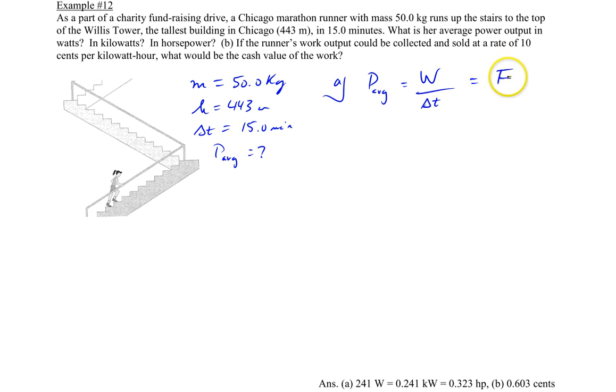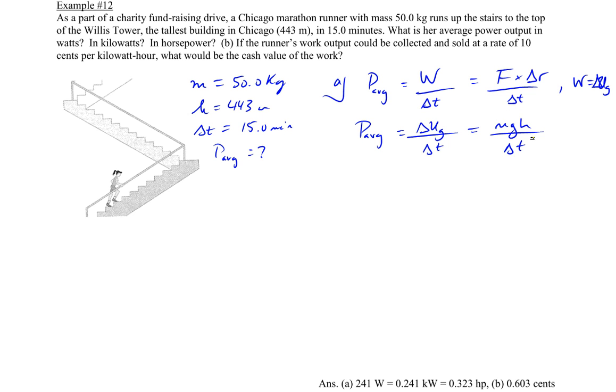So you could use force multiplied by displacement, multiplied by the cosine of the angle between the force and the displacement, which would be 0 degrees, and divide by time. But I think maybe a better way to do it is to think that the work done is equal to a change in gravitational potential energy, and that's equivalent to mgh over the time.